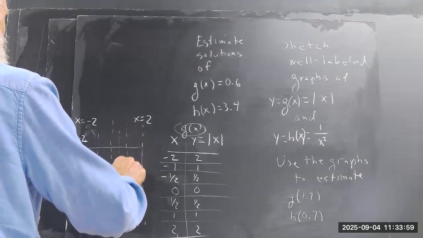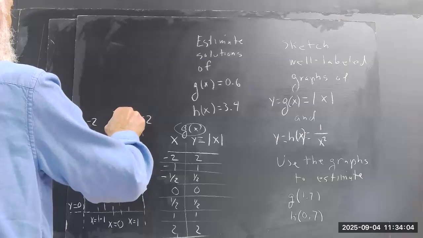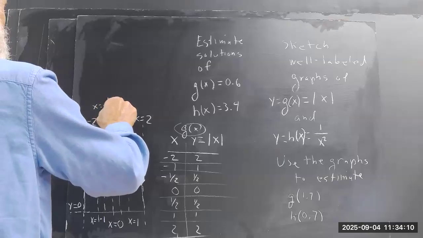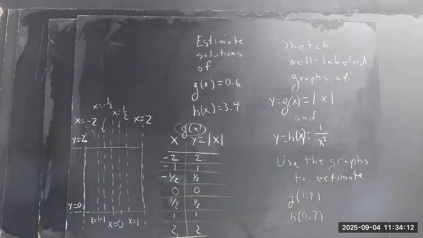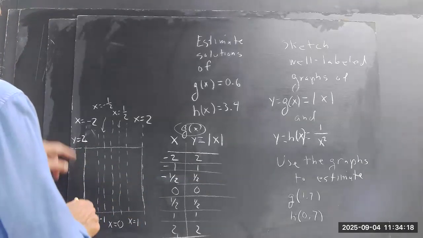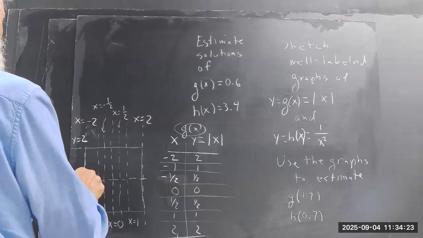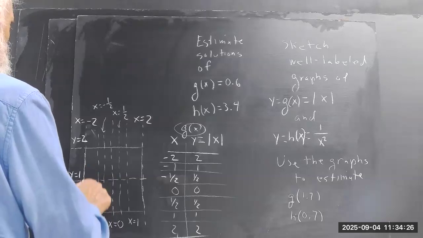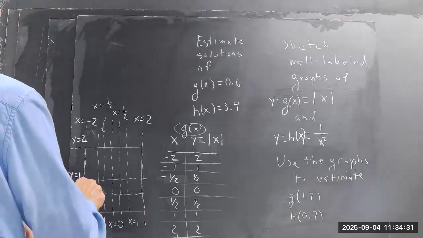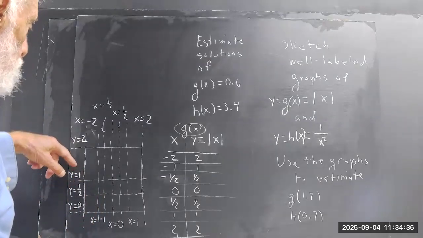And then we have x equals 1/2 here. And x equals -1/2 here. The y value halfway between 0 and 2 is 1. Halfway between 0 and 1 is 1/2. Halfway between 1 and 2 is 1.5 or 3/2.